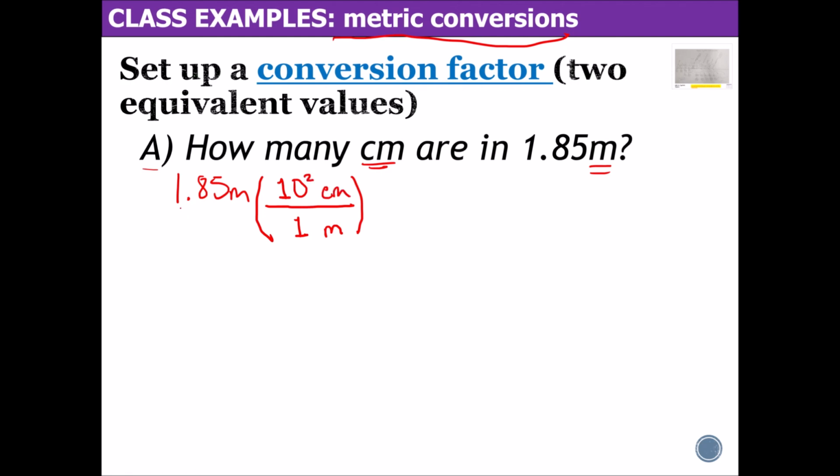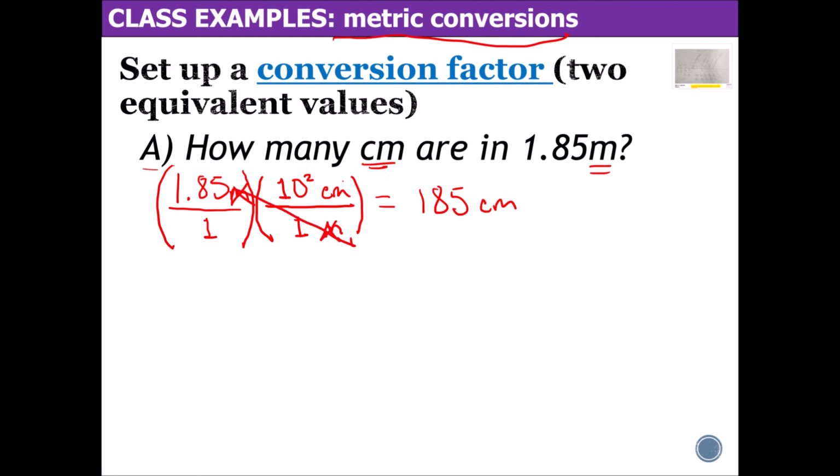Now this is like saying I have 1.85 meters over 1, that's a fraction, times 10 to the second centimeters over 1, and that's going to equal 1.85 times 10 to the second, or 185 centimeters. So just like in math, if you have x divided by x, in this case m divided by m, they cancel out.